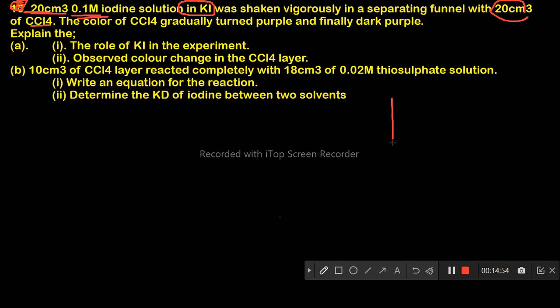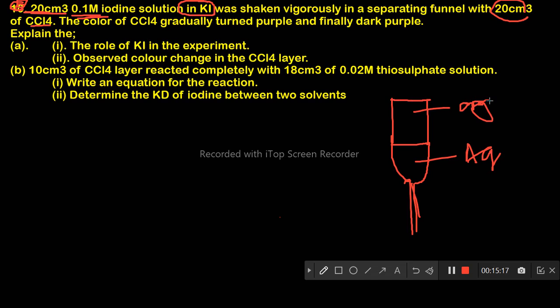So if you are to illustrate, this is your separating funnel. So you have the 20 of the aqueous layer, this is aqueous, and you add there 20 of the organic tetrachloromethane, and then you shake. It is real shaking, not mere shaking.